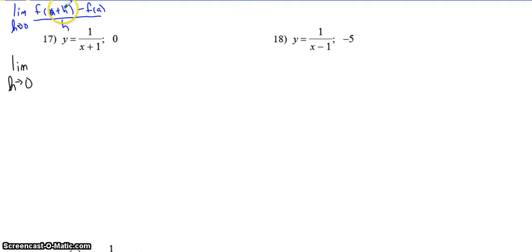So plug in 0 plus h, so we have f of 0 plus h minus f of 0.